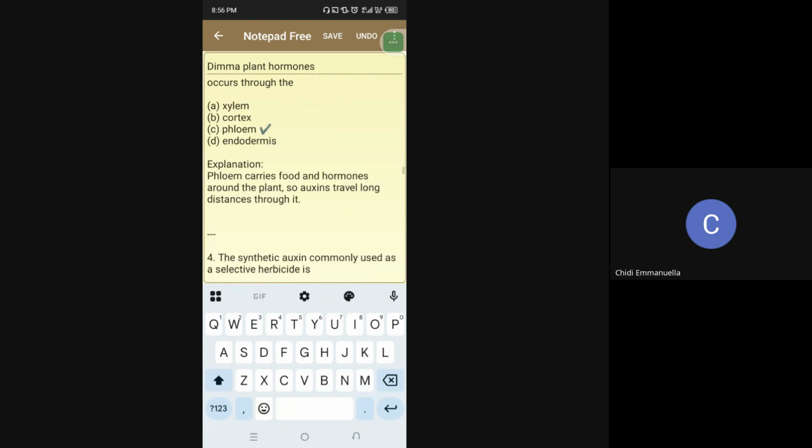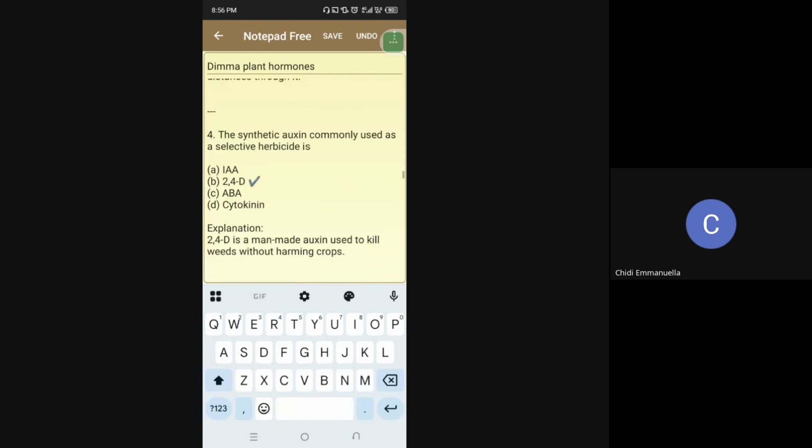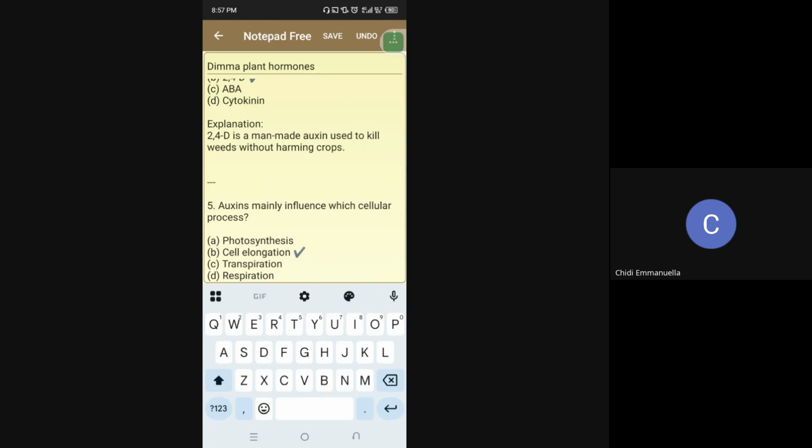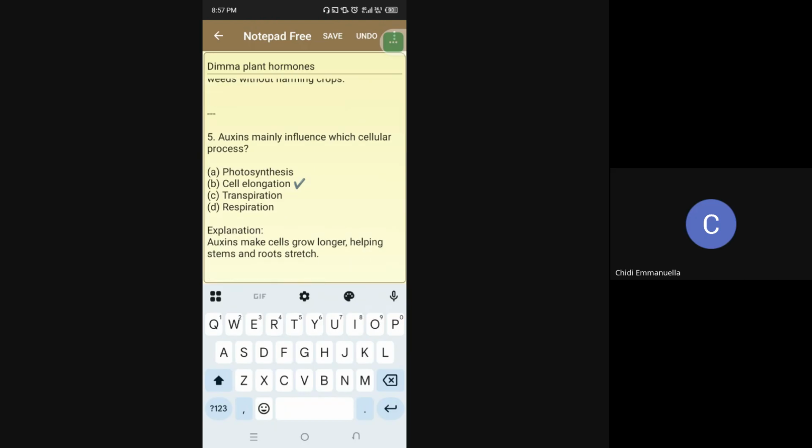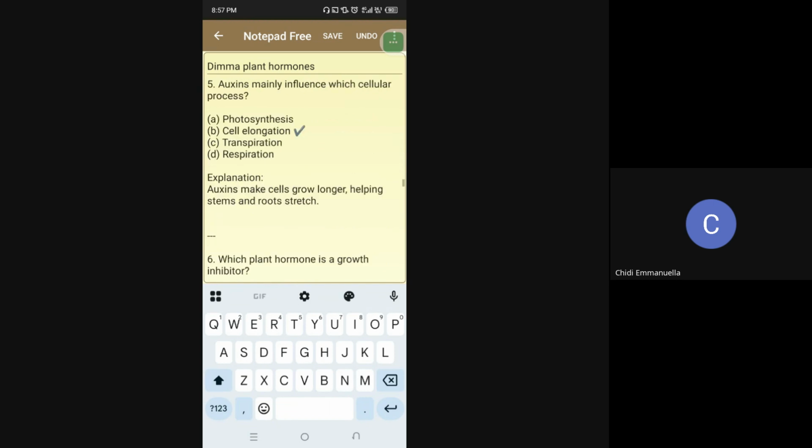So that's the answer. 2,4-D is a man-made auxin used to kill weeds without harming crops. The next, number five. Auxins mainly influence which cellular process? Cell elongation. Exactly, cell elongation. So auxins make cells grow longer, helping stems and roots stretch.